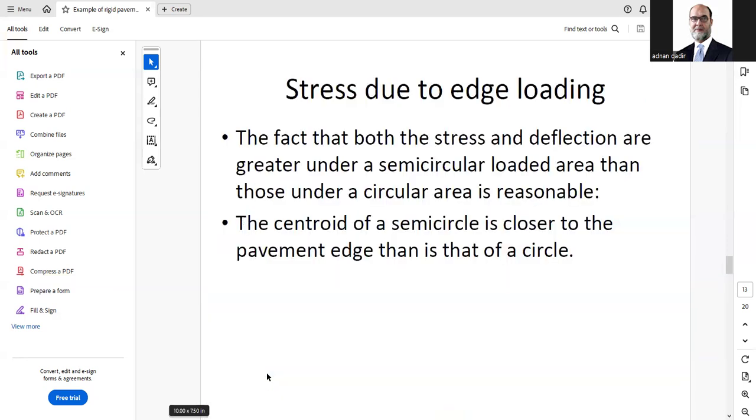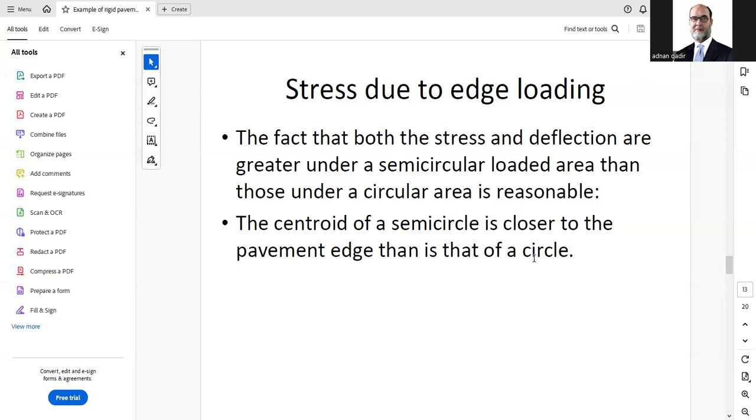So we can say that the fact that both stress and deflection are greater under the semicircular area than those under a circular area is reasonable, because the centroid of the semicircle is closer to the pavement edge than that of a circle. So whenever there is a loading in which half of the wheel is located at the edge of the slab, it is going to create more damage.